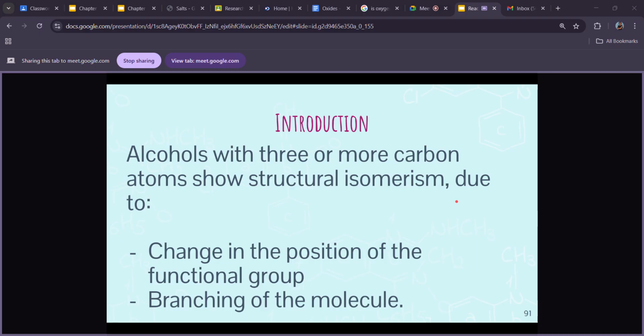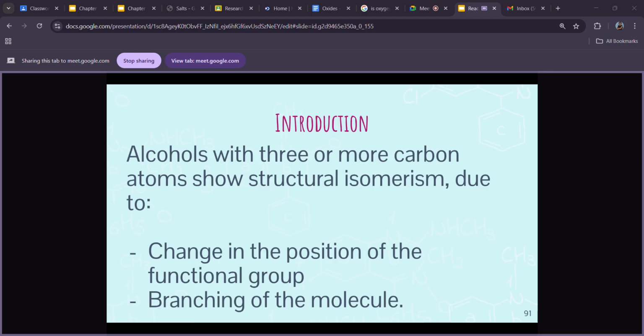All right. So structural isomerism, or structural isomers, these are compounds that have the same molecular formula but different structural formula. Right, so this says that alcohols with three or more carbon atoms show structural isomerism due to the change in the position of the functional group. So the OH can actually be shifted to carbon number 1, number 2.